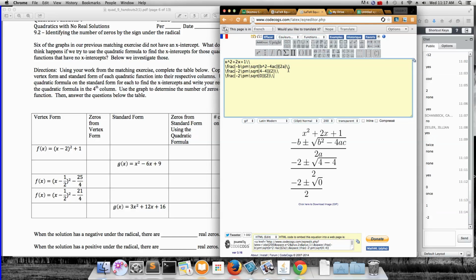Negative 2, awesome. What is negative 2 minus 0? Negative 2 still. The square root of 0 is also 0, so the plus or minus the square root of 0, I can really just get rid of it. I don't need it at all.